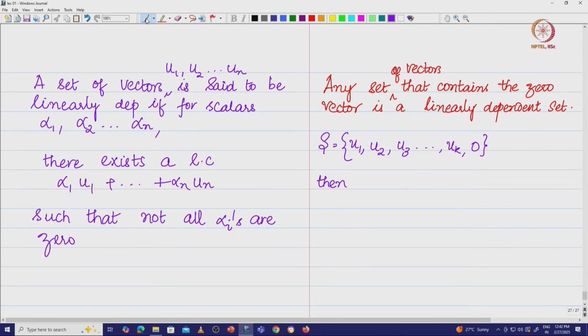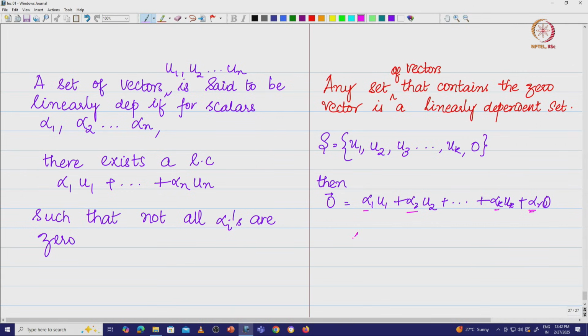So I can write the 0 vector as equal to alpha 1 u1 plus alpha 2 u2 plus etc. plus alpha k uk plus alpha r into the 0 vector. Now, I can make all the alpha i's from 1 to k equal to 0 and then make a non-zero value for alpha r, which would still result in the 0 vector.